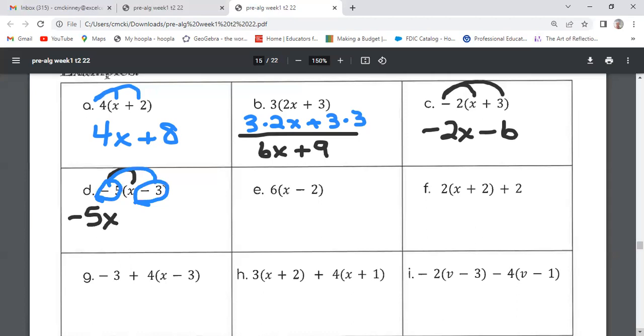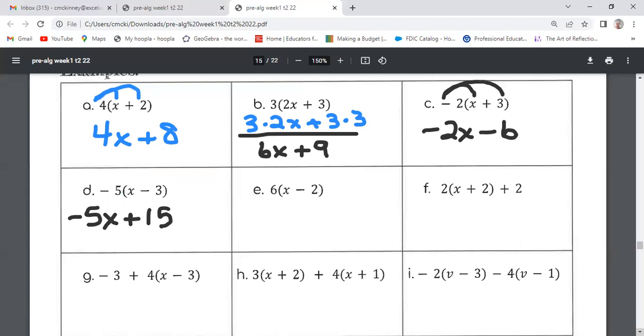So when I multiply two negatives, what happens? Yeah, I get a positive. So this is positive 15. So just be careful of those signs.